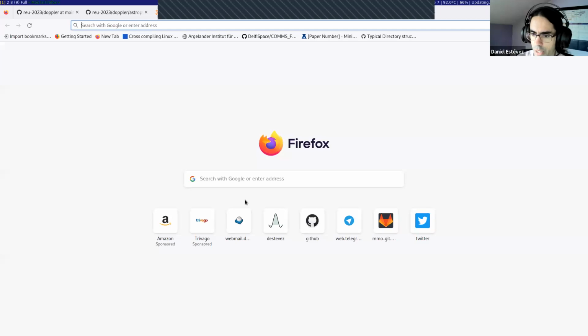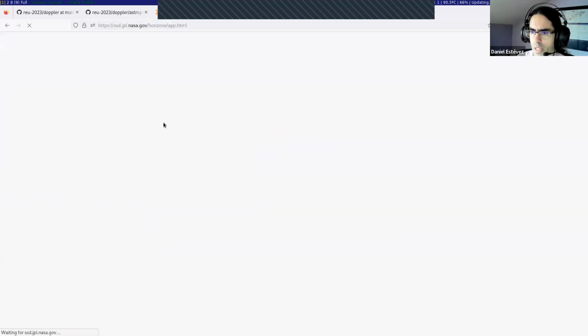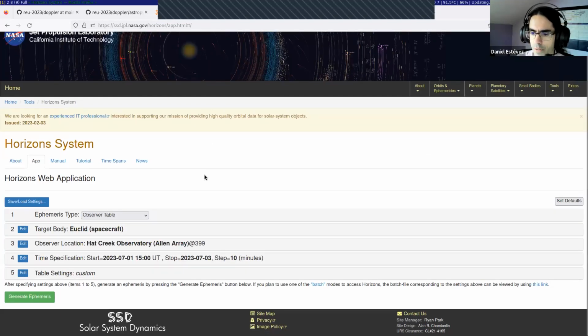And something else you can use is this Horizons system from NASA. So this is basically a web service in which you can calculate ephemeris for many objects in the solar system. You have spacecraft, you have asteroids, planets, etc. So you could choose a target body here, the observer location, we're also using the Allen Telescope Array, the time.